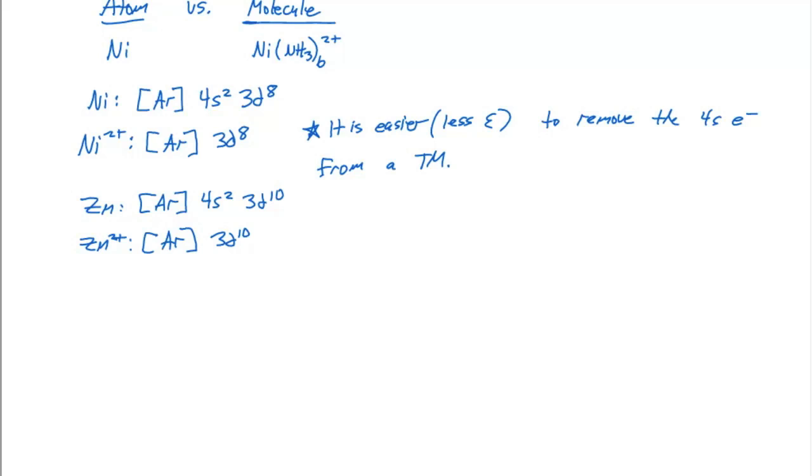What I want you to try to recognize and link here, and we're going to talk about this later, is what is special about a d10 case. In this case, it happens to be not so special, because what do we know about zinc in terms of color? It's clear, or colorless.